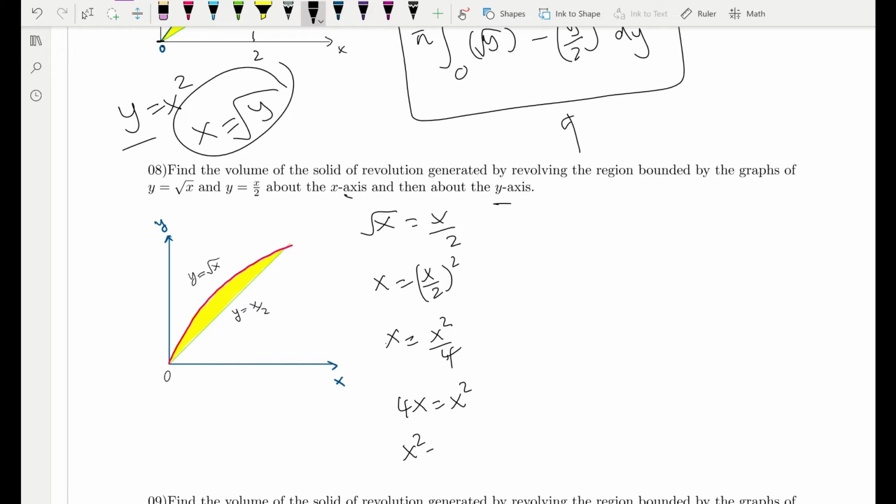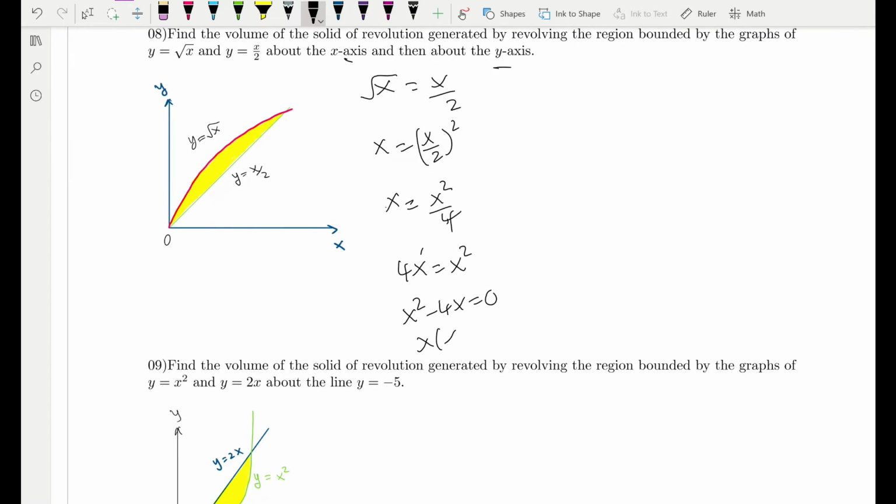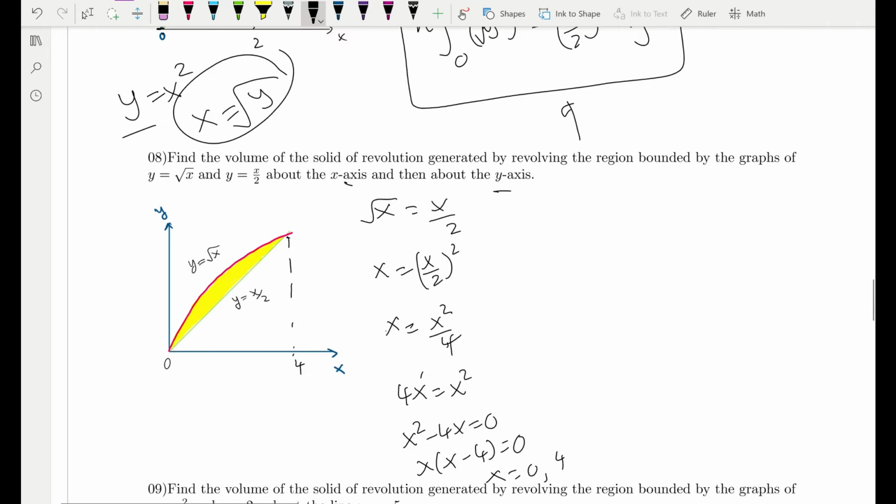I can write this as x squared minus 4x equals 0. Then I can factor x, so it's x times x minus 4 equals 0. So x is equal to 0 or x is equal to 4. So this is 4, right? If x is equal to 4, then what's y? 4 over 2 is 2, so y is 2. So that's why I said by finding the intersection points.